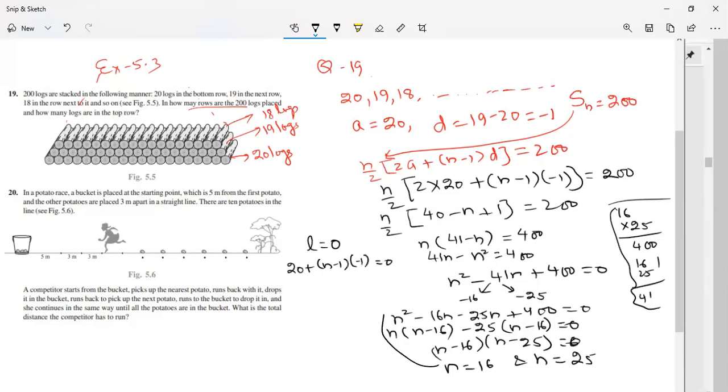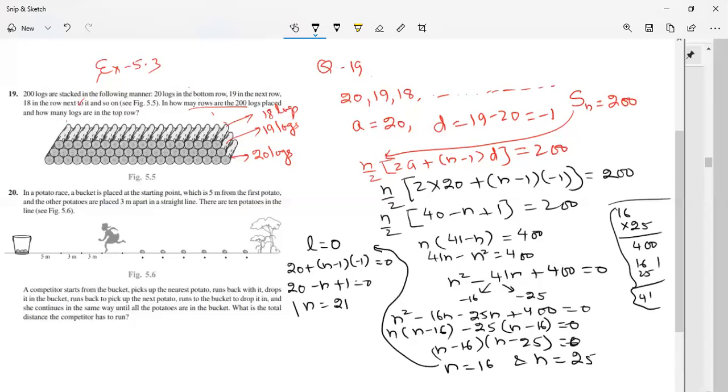Checking this will tell you whether we have to take 16 or 25, because if the logs become 0, after that we cannot make more rows. So we find the last term: minus n plus 21 is equal to 0, so n is equal to 21.